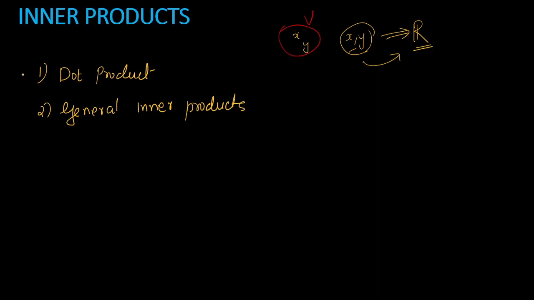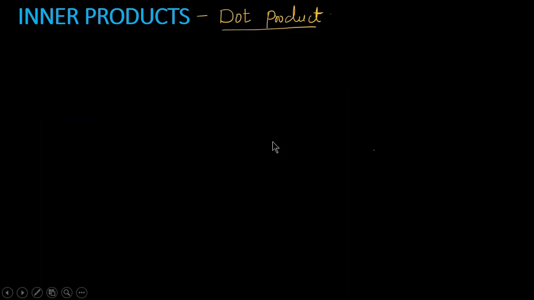A very common inner product is the dot product that you might have seen in your previous maths classes. It is a special type of inner product. And also we can have general inner products. We can define other functions that satisfy this condition, mapping two vectors to a real number. We can see it in detail.